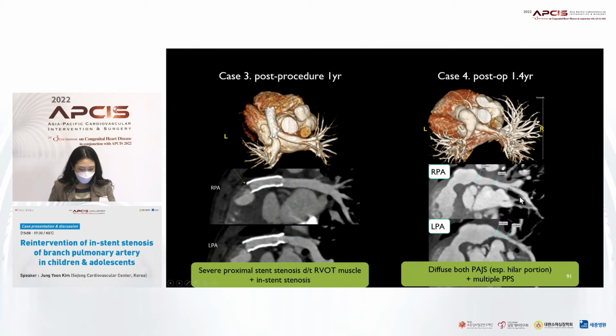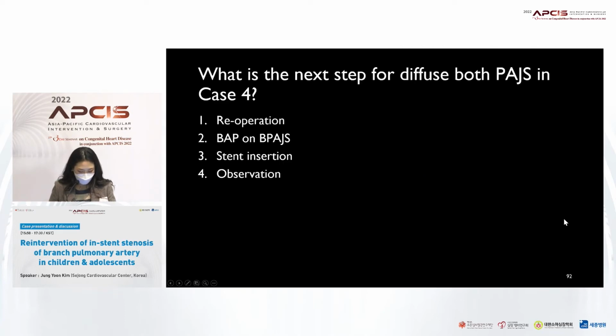And case 4 improved distal MPA and both PA junction, but diffuse both pulmonary artery branch PS, especially below the hilar portion, with suspected multiple PPS.